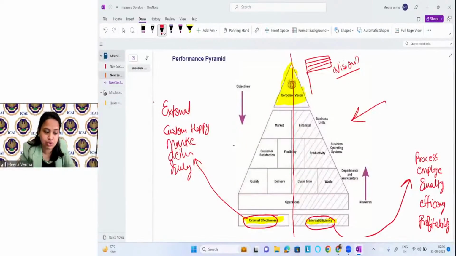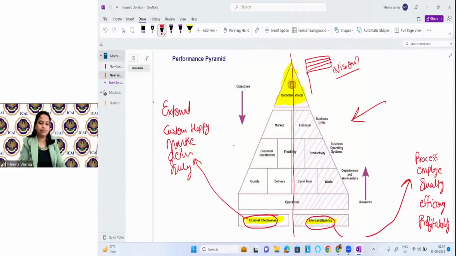Outside the organization, what you are doing. So this is how we first divided the entire performance pyramid into two parts, one internal and one external.